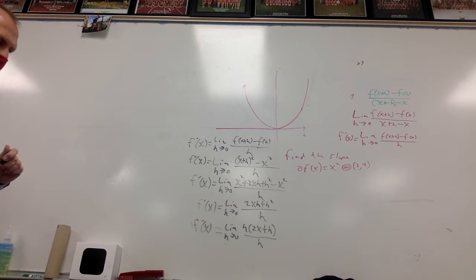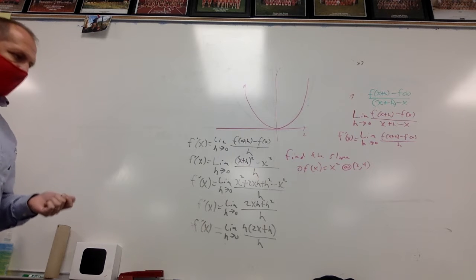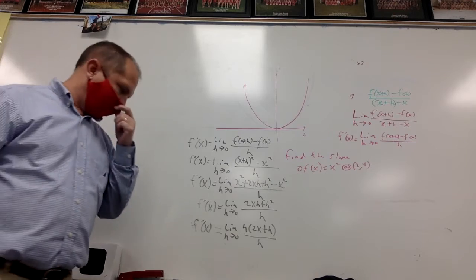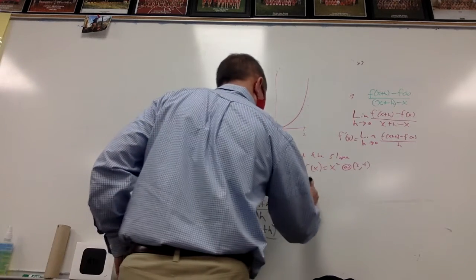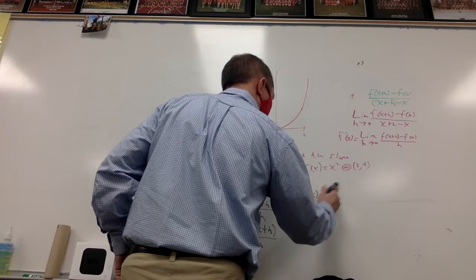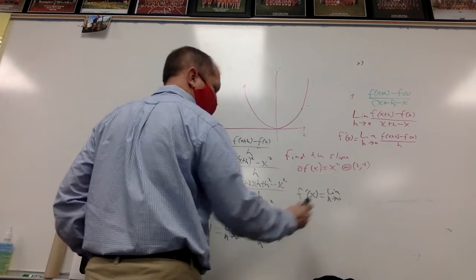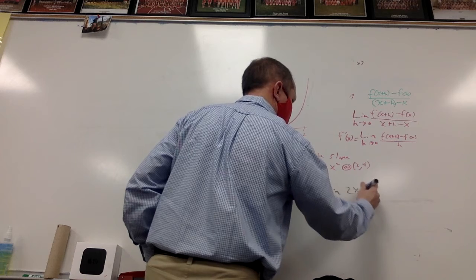Are we okay here? Now, what do you think happens on this next step? Yeah, the h's will cancel out. So f prime of x equals the limit as h approaches 0 of 2x plus h.